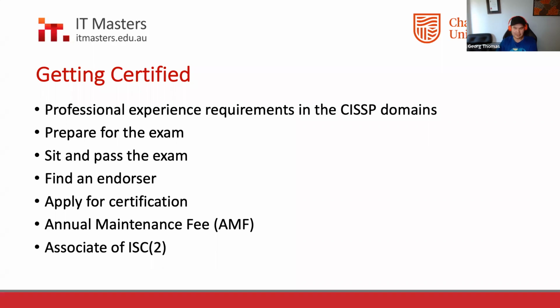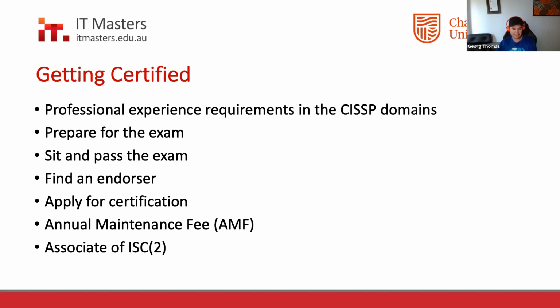But let's say you do, then you need to find an endorser. That's somebody else that has a CISSP who is willing to validate your experience. Trying to make it easy for that person, I tend to recommend the spreadsheet approach. Look at the domains, which ones you've got experience in, provide some notes, provide a copy of your resume, that sort of thing, so that it makes it easy for them to endorse you.